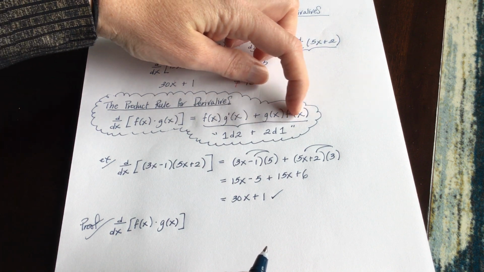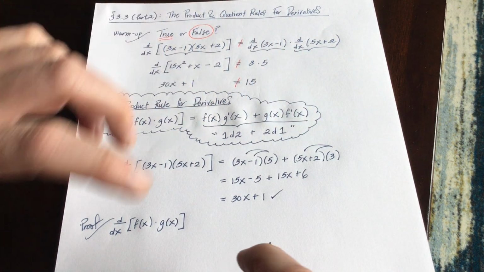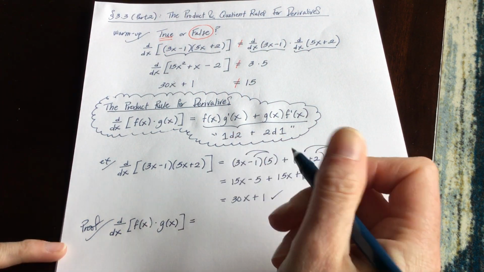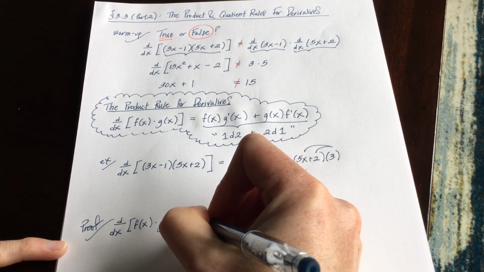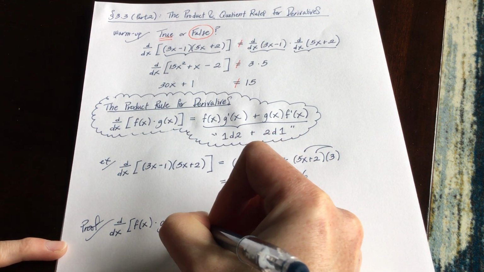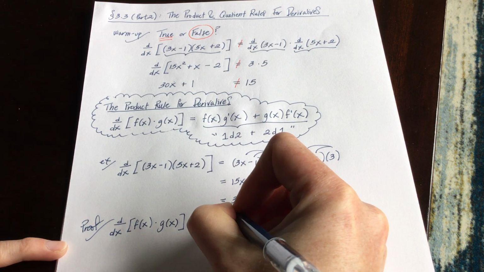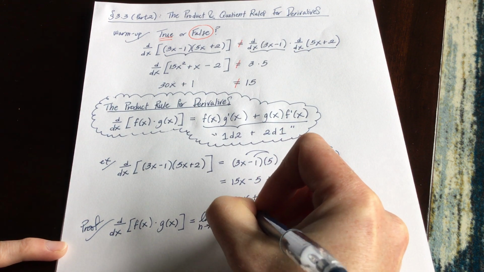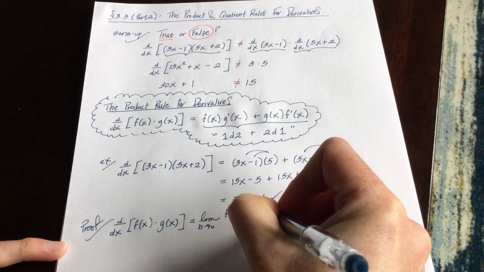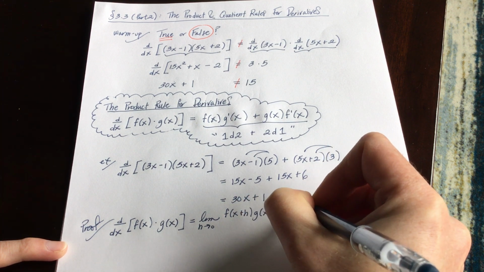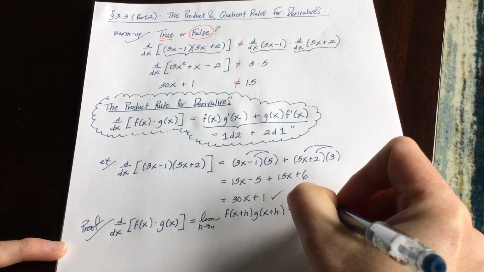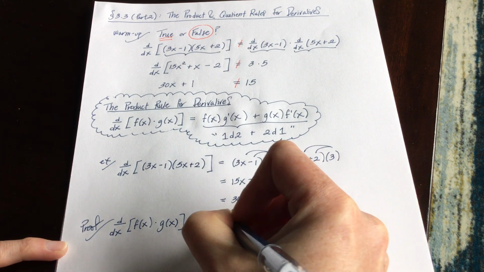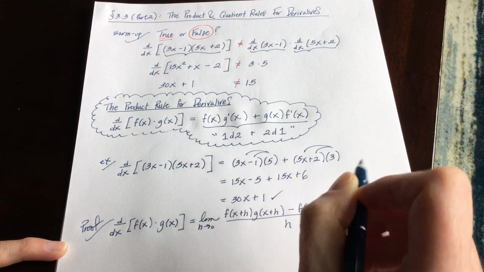Our goal is to show that it ends up being the product rule. So using the definition of derivative, this is equal to the limit as h approaches 0 of f(x plus h) times g(x plus h) minus f(x) times g(x), all over h.